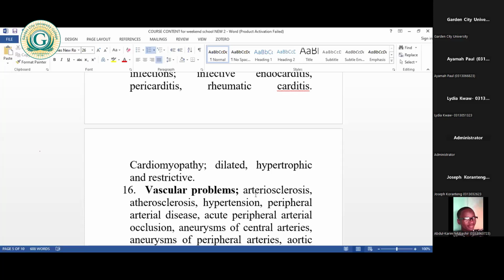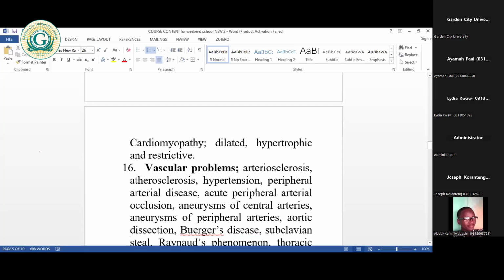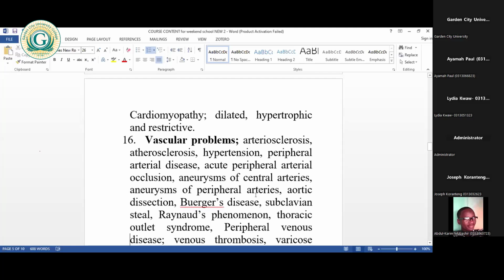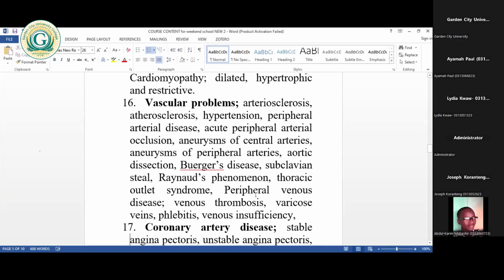Then we look at aneurysms of the central arteries, aneurysm of the peripheral arteries, aortic dissection, Buerger's disease, subclavian steal, Raynaud's phenomenon, thoracic outlet syndrome, peripheral venous diseases, venous thrombosis, varicose veins, phlebitis, and venous insufficiency.